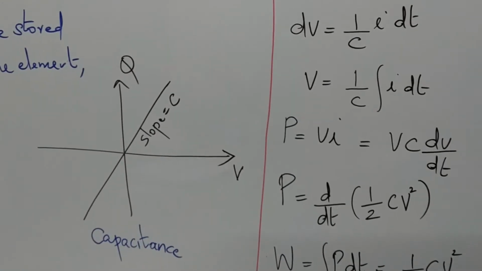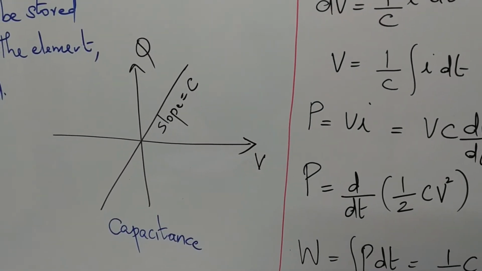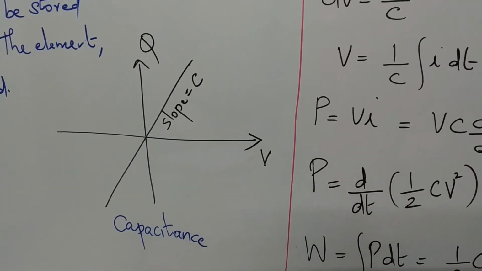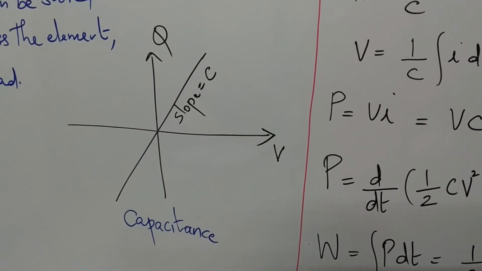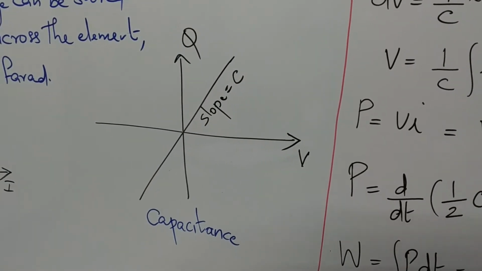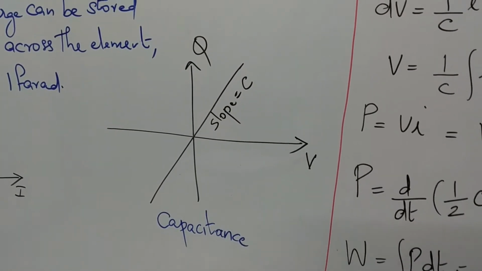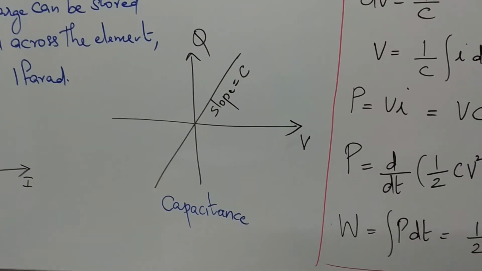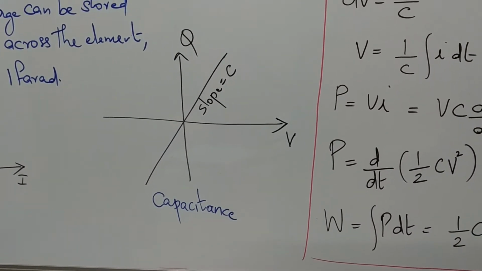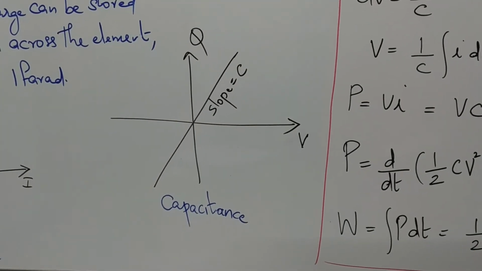Now we see that if you plot a graph with voltage across the x-axis and charge developed across the y-axis, we will see that it is a linear graph, right? C is constant, so we'll get a linear graph with slope equal to C. So a capacitor is a linear bilateral passive component.